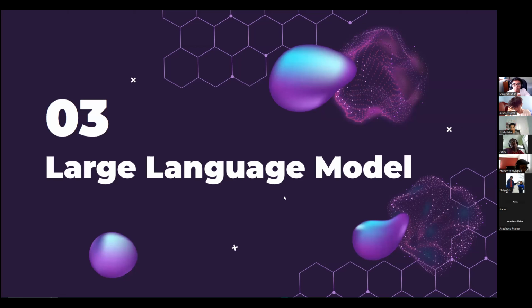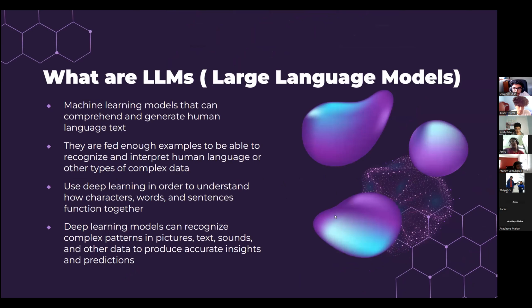So now we just finished with the applications of AI, and now we're moving on to how the AI is actually able to generate these responses. And this comes with large language models. So large language models, or LLMs, are machine learning models that can comprehend and generate human text. So essentially, LLMs are more specifically related to the text portion of the blanketed generative AI term.